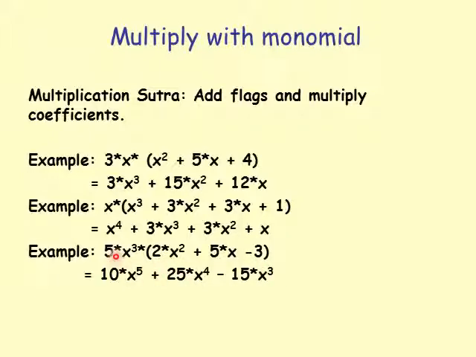The answer is 5x cubed times 2x squared plus 5x minus 3 is 10x to the fifth power plus 25x to the fourth power minus 15x cubed.